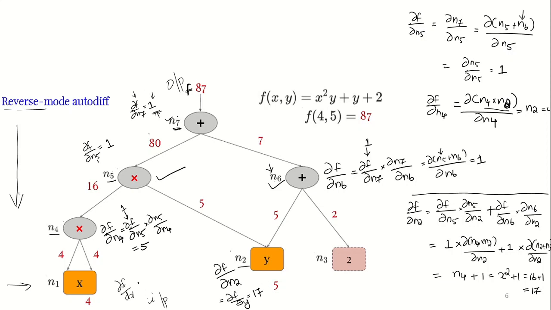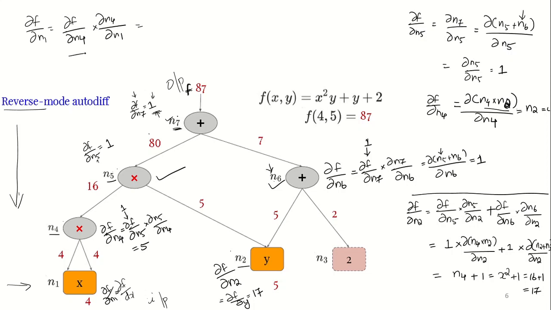Okay, and what is ∂f/∂n1? ∂f/∂n1, or in other words, it is ∂f/∂x. What is ∂f/∂n1? Okay, ∂f/∂n1 is equal to ∂f/∂n4 into ∂n4/∂n1.